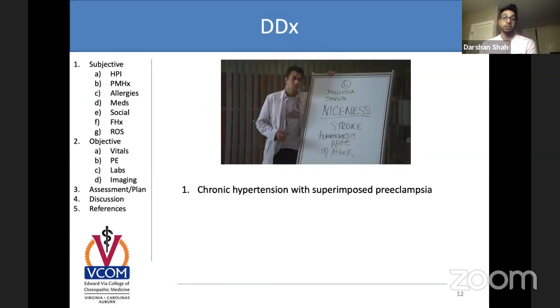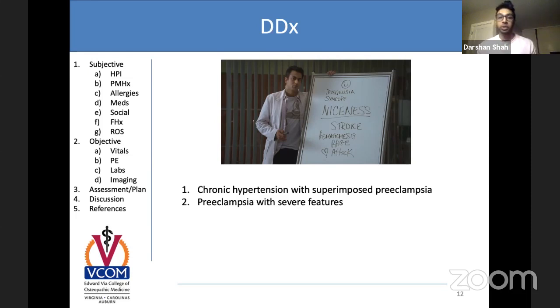Okay, differential diagnoses. She had chronic hypertension because we diagnosed her before 20 weeks. And we're diagnosing her with preeclampsia, so chronic hypertension with superimposed preeclampsia. I'll explain what that means, but essentially she has hypertension and protein in her urine greater than 300 milligrams, which classifies her as preeclampsia.